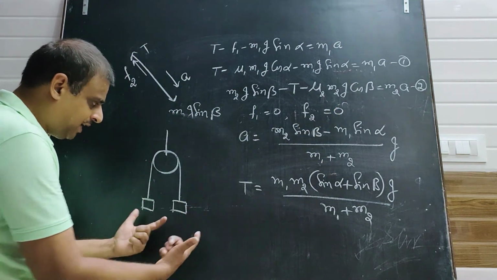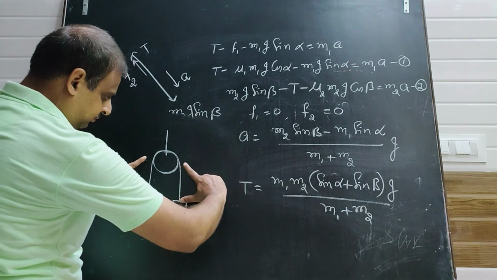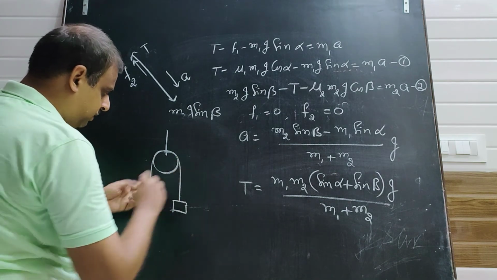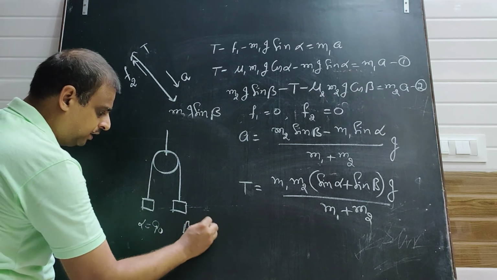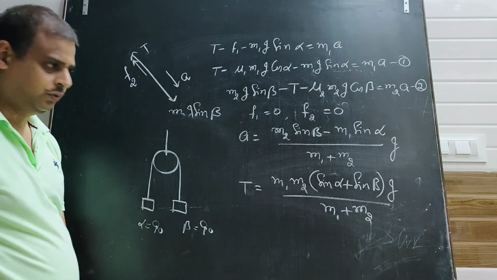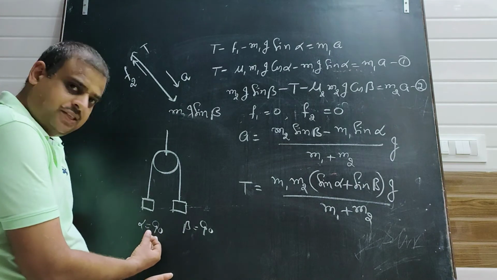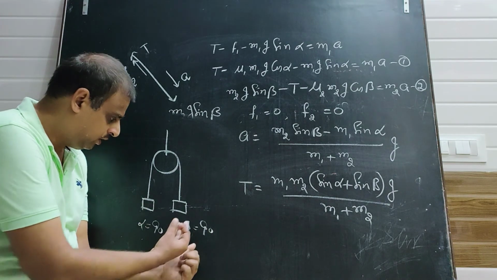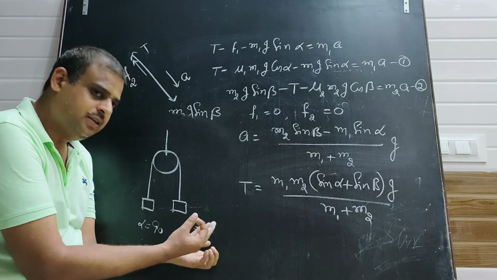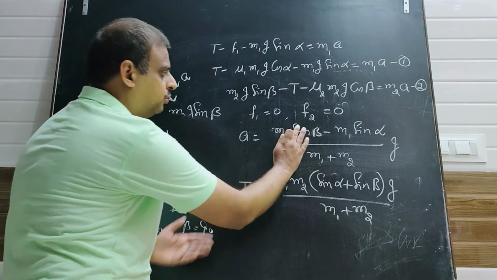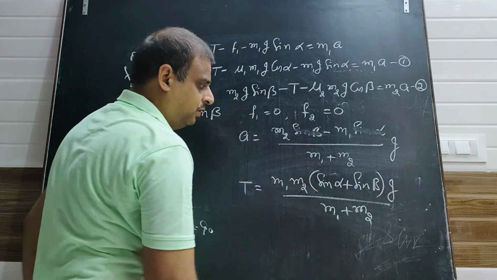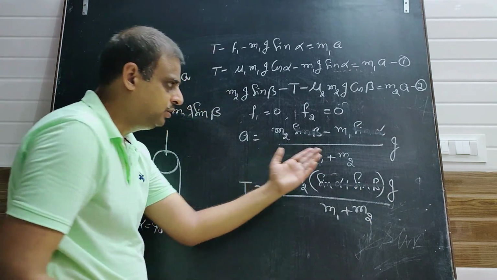In this case, what has happened to the angles? In both the terms, alpha is 90 degree and beta is 90 degree. If alpha is 90 degree, sine 90 is 1. If beta is 90 degree, sine 90 degree is 1. So this term will not be there. And 1 plus 1 is 2.